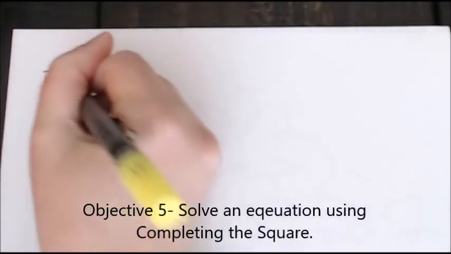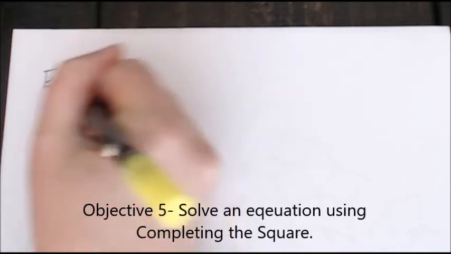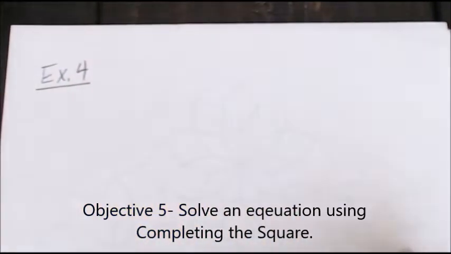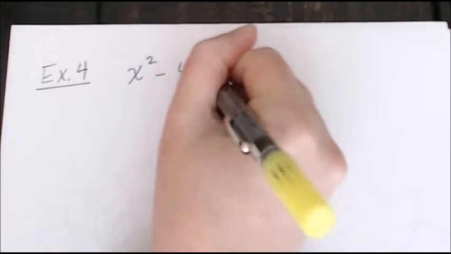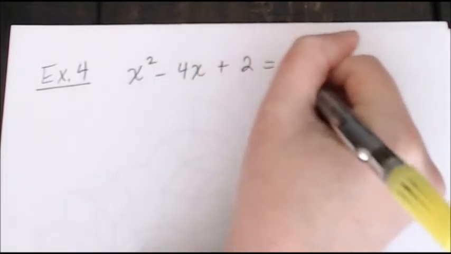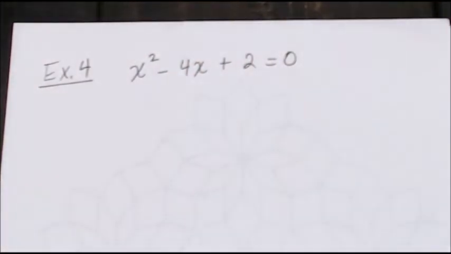Okay, so let's take a look now at example 4. We've got x squared minus 4x plus 2 equals 0. And I want you to pause a minute and notice that this expression cannot be factored. In other words, there's no numbers that will multiply to 2 and add to negative 4.